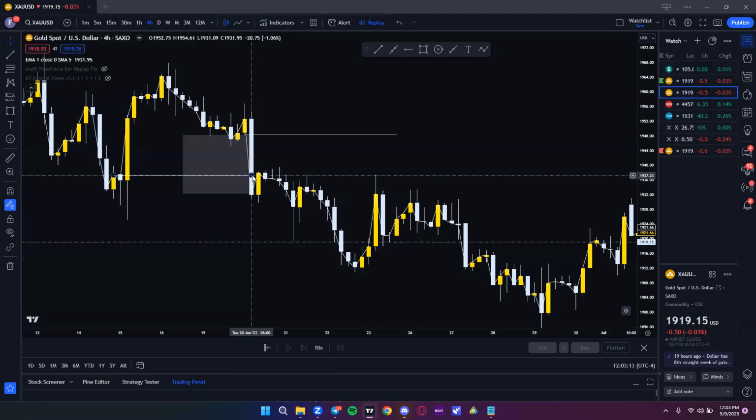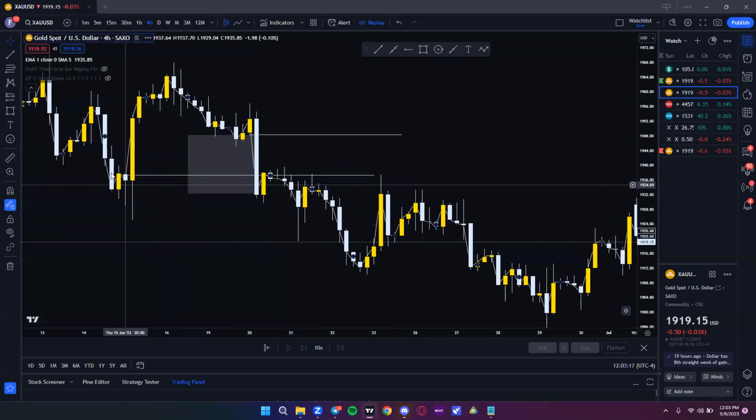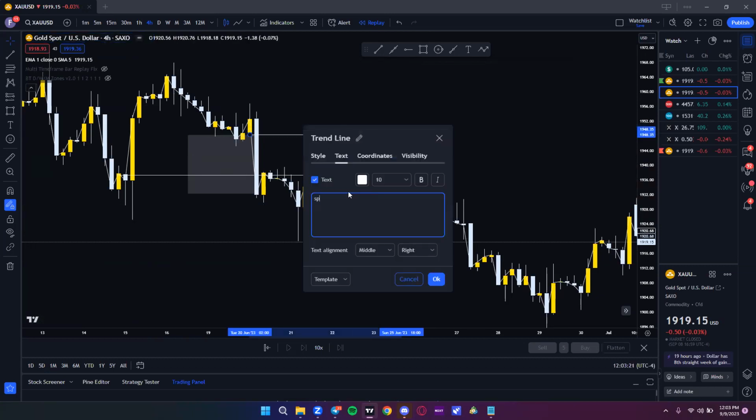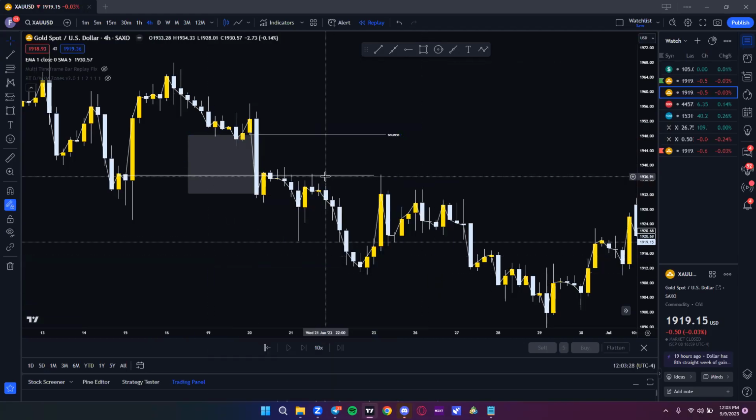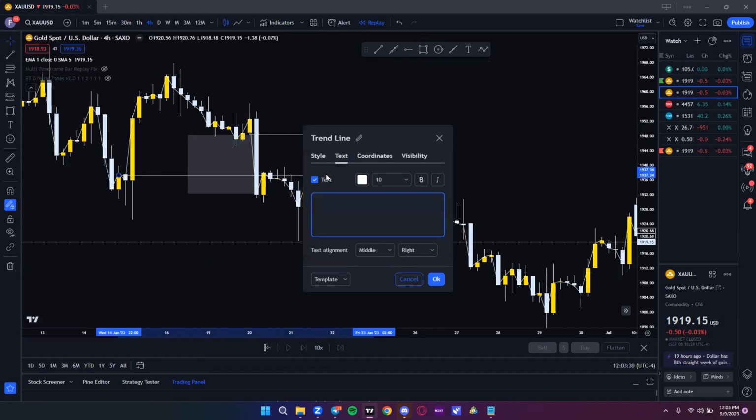So what did price do? Right? This is our breakout level. So as I mentioned earlier, this is our source. This is our SB, source break. Say SB.